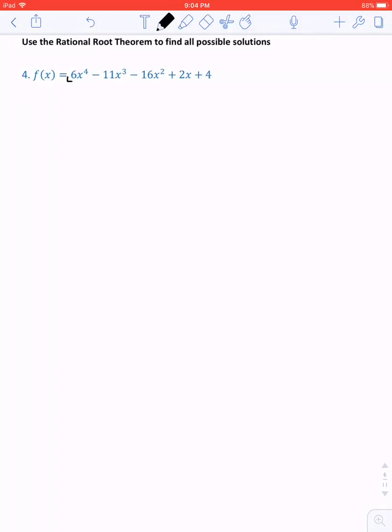We need to identify the lead coefficient, the degree, and the constant. So what is your leading coefficient? I'm going to call it LC. 6, okay, and your constant?